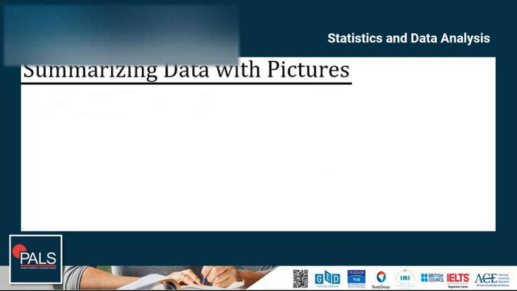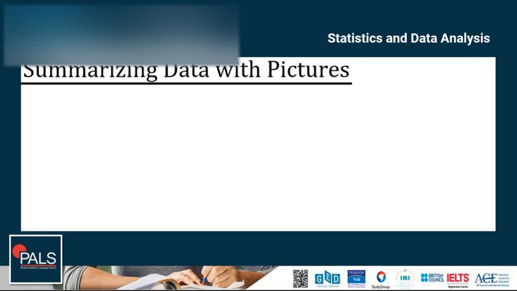Now let's proceed to summarizing data with pictures. The mean, median, and mode all represent specific numerical summaries of a data set. Graphical summaries, by contrast, are charts or graphs that are designed to give an overview of a whole data set.